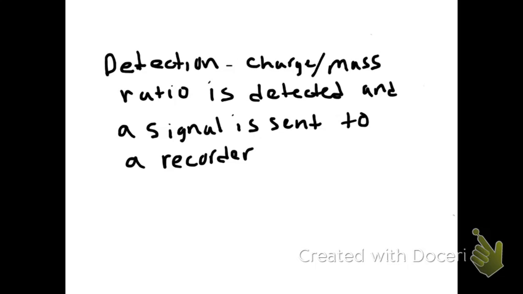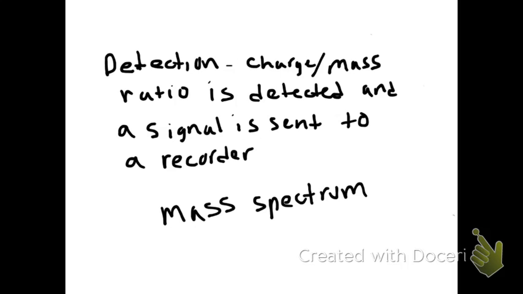Right, and the recorder is going to basically shoot out a graph that's going to show the mass charge and the percent abundance of each of the isotopes in that element. And so this graph is called a mass spectrum. Okay.